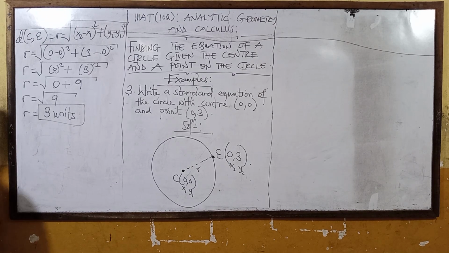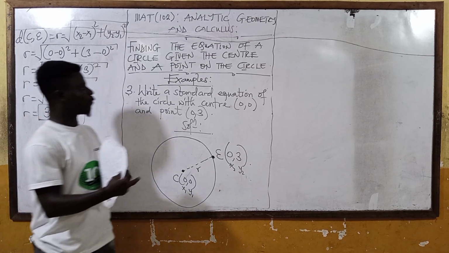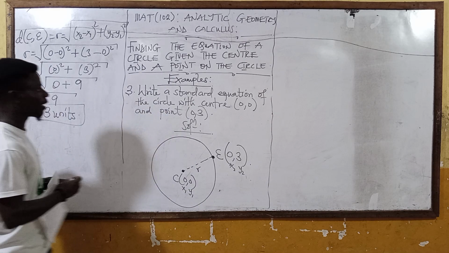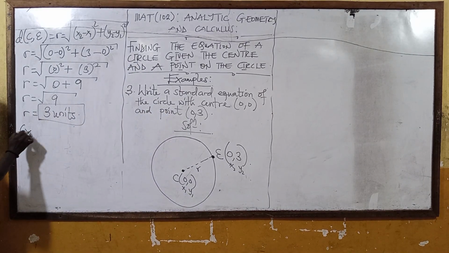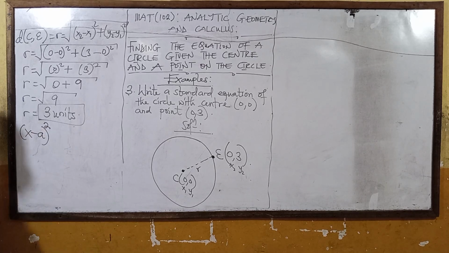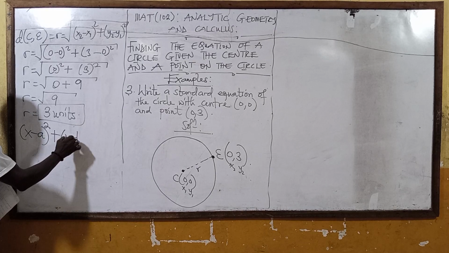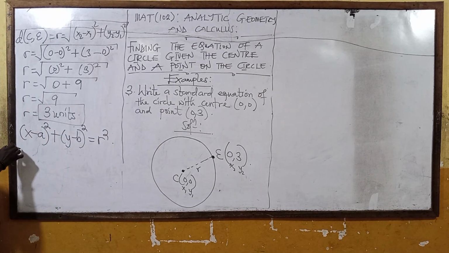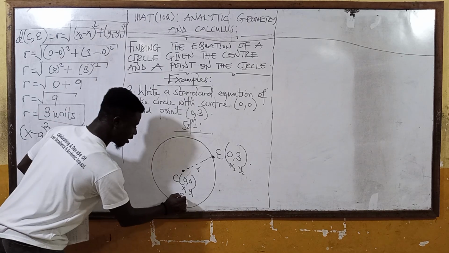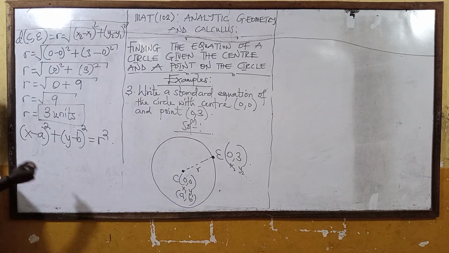Now, we want to find the equation of the circle in the standard equation form. So I have my x minus a all squared plus y minus b all squared equals r squared. So now I have here to be a then b. Don't forget, it is centered at the origin already.